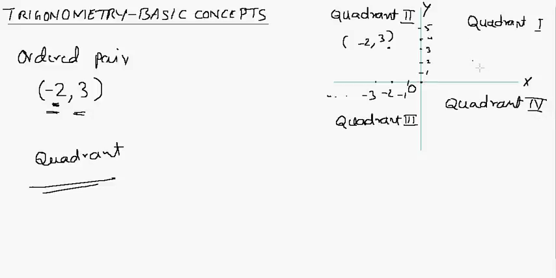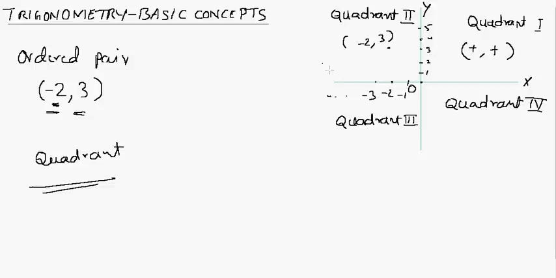In the first quadrant, the coordinates are both positive, because it represents a positive x position and a positive y position.